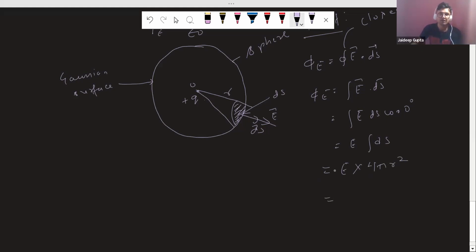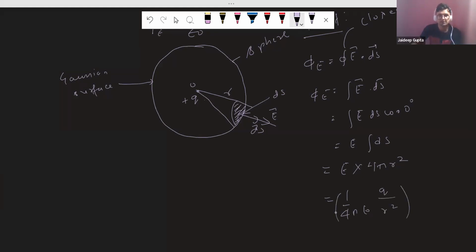Okay. And what is the electric field due to a point charge? Look, if we have to calculate the electric field at a distance r from this charge, what is the formula for it? 1 over 4 pi epsilon, q over r square. All right, this is the formula due to a point charge.